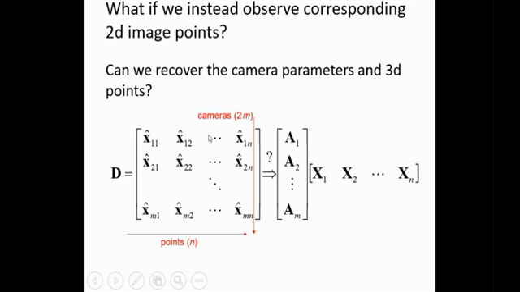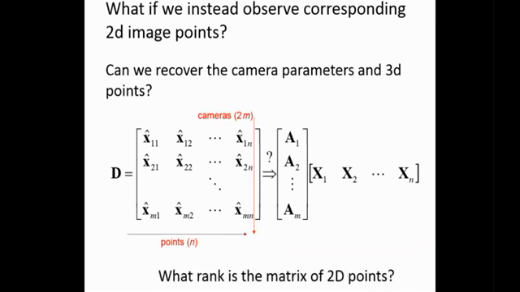And the top two rows are the normalized U and V values of all the points that are seen by that camera. I want to somehow take this matrix and extract the affine matrix for each camera and the 3D point for each observed point. So it kind of looks under-constrained, right? But there's a bunch of constraints that we can use to actually solve this problem.